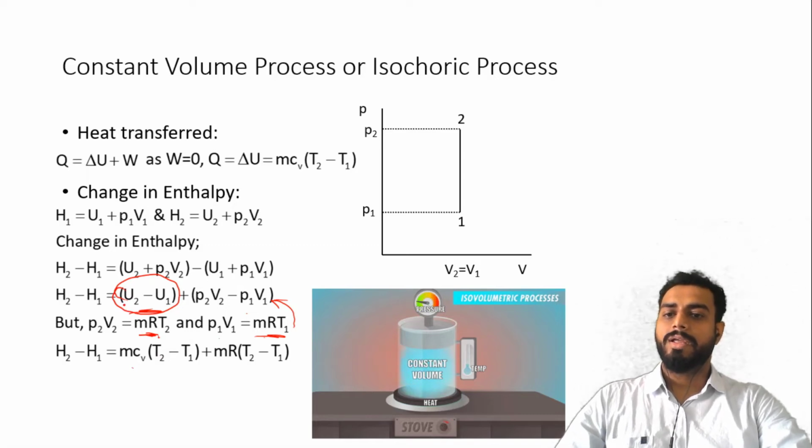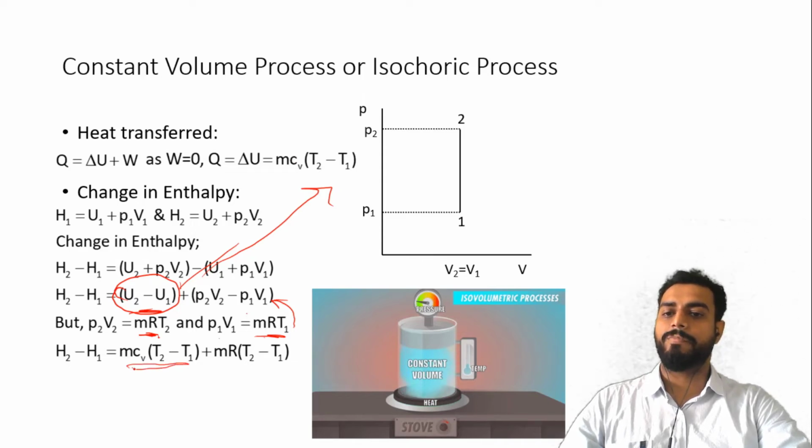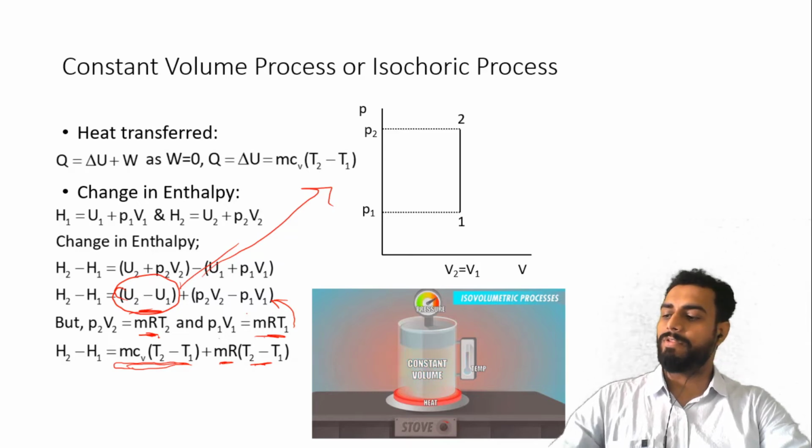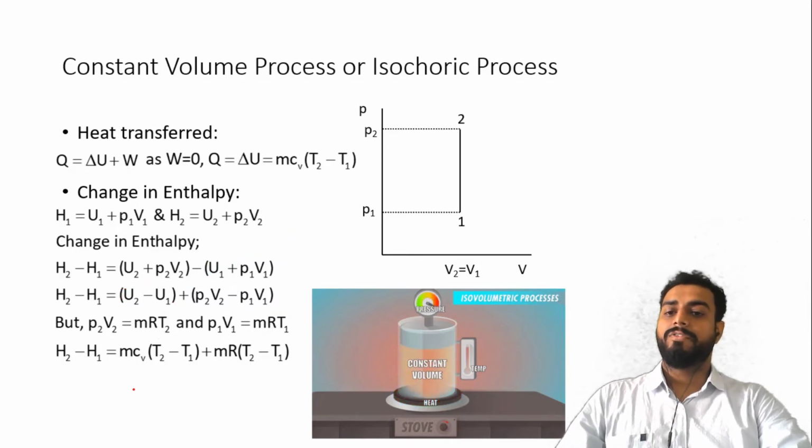So recall that change in internal energy is nothing but mCV T2 minus T1. We have already derived that, right? That is why it is written over here. Instead of U2 minus U1, we have written mCV T2 minus T1, and instead of P2 V2 minus P1 V1, we have written mR T2 minus T1. Here you can appreciate that mR is constant in these two terms, so it is taken outside of the bracket, right?